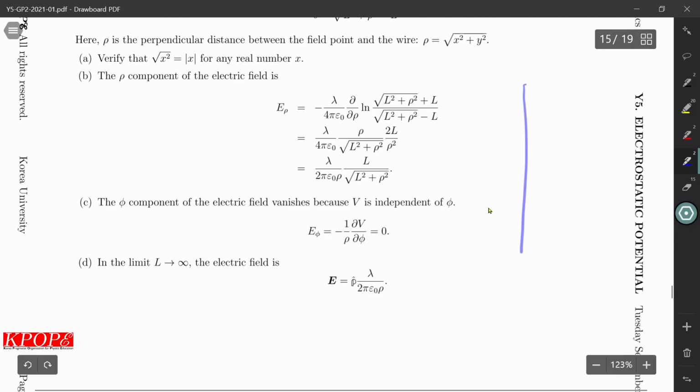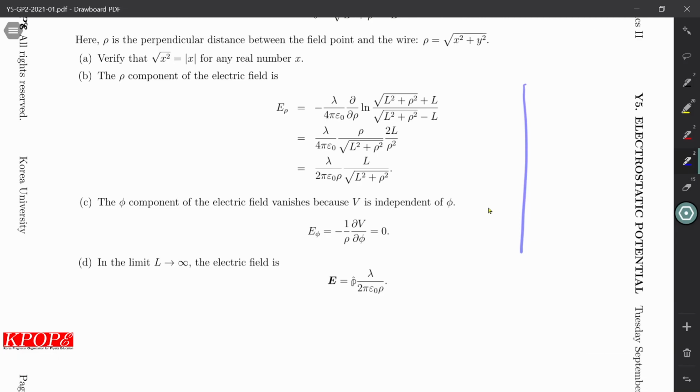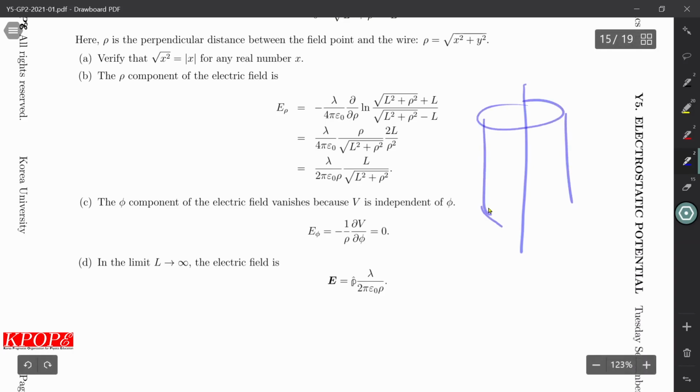We already computed the electric field around the wire by making use of the Gauss law. We introduced the Gaussian surface and we made use of the symmetry.